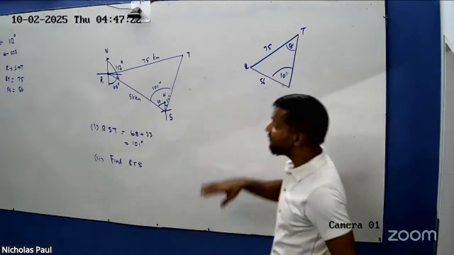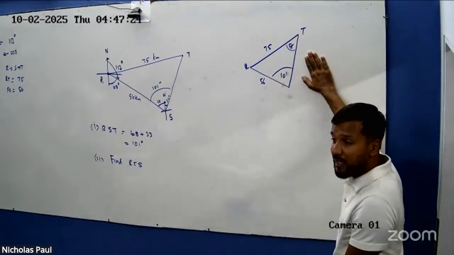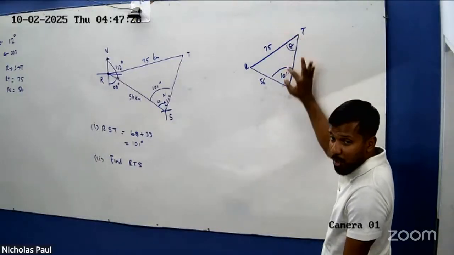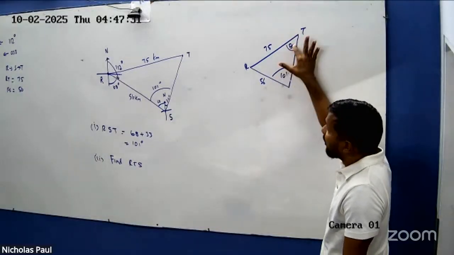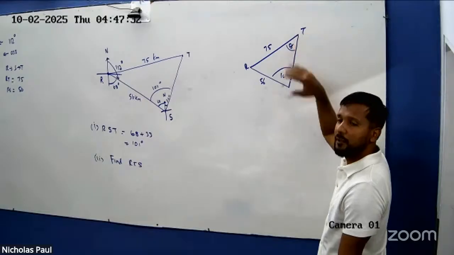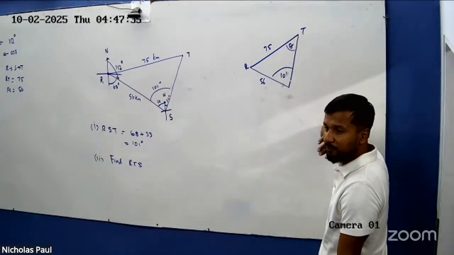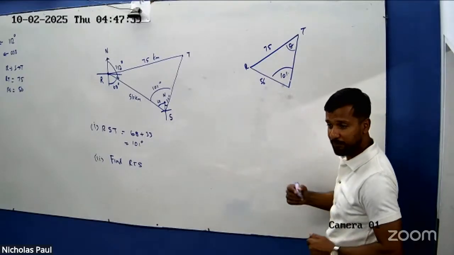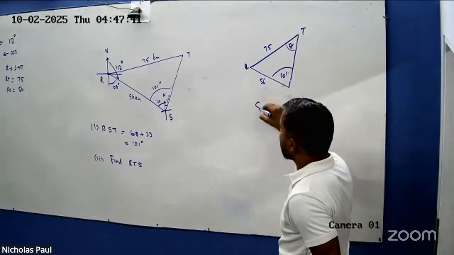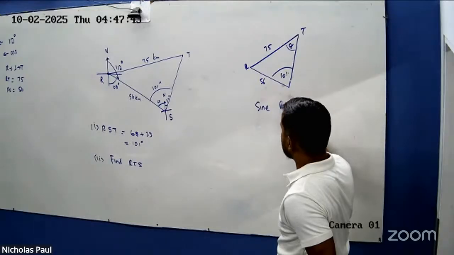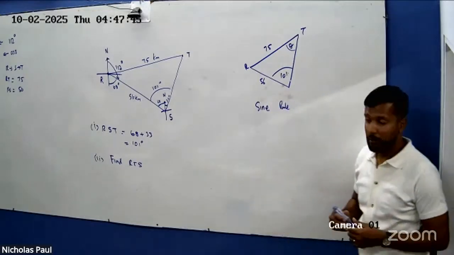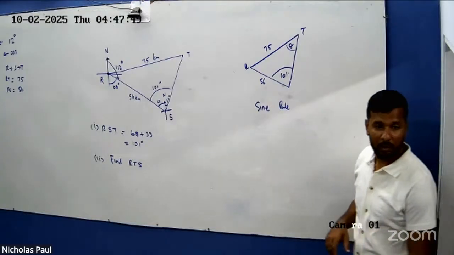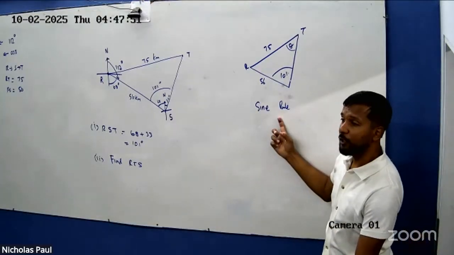But if you have something like this, based on what we did last week, we have length, opposite angle, length, opposite angle. Which rule is that? Sine rule. So can we use sine rule to work it out? So now we could use sine rule. All right. So we're going to use sine rule.